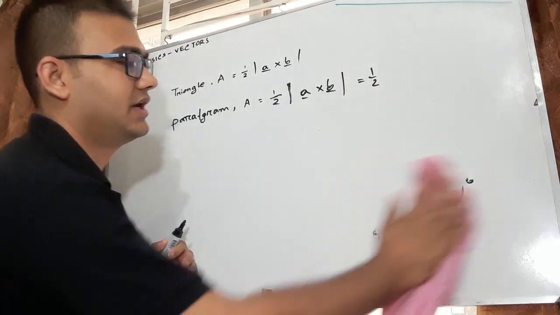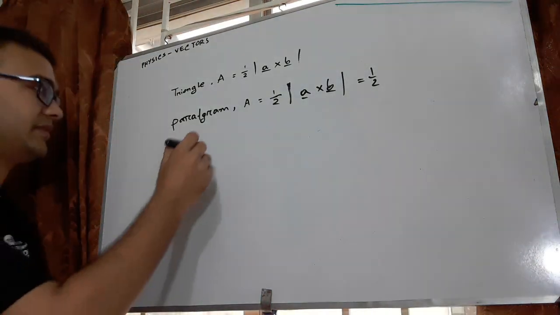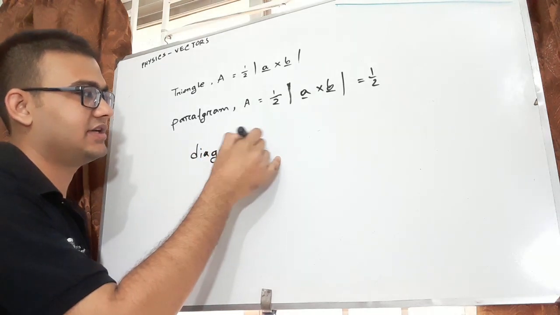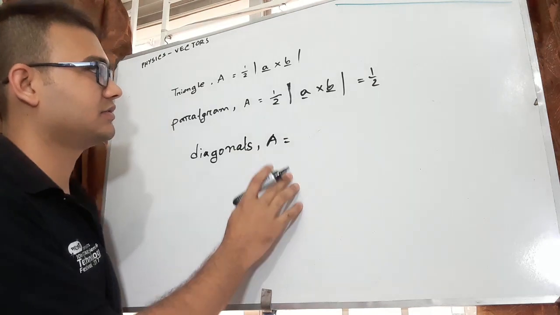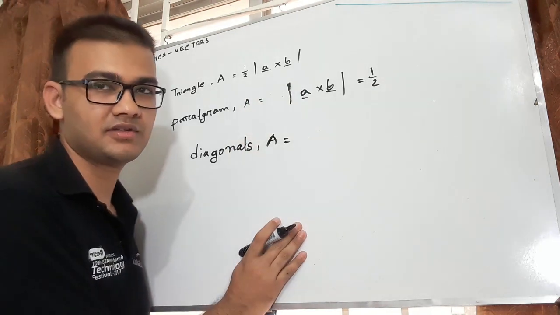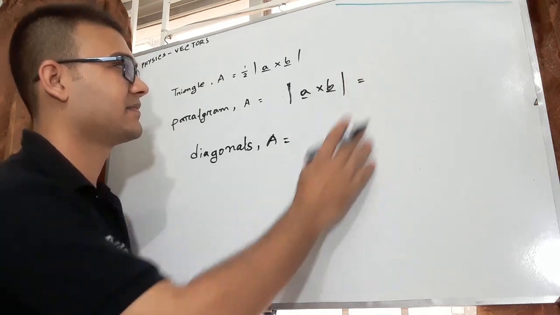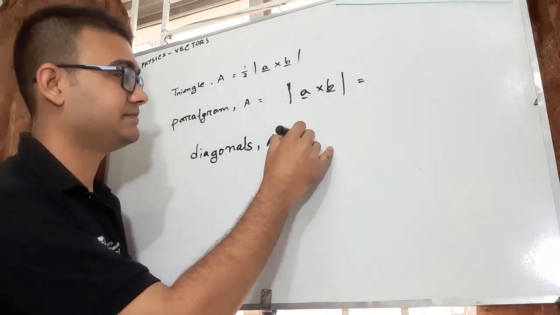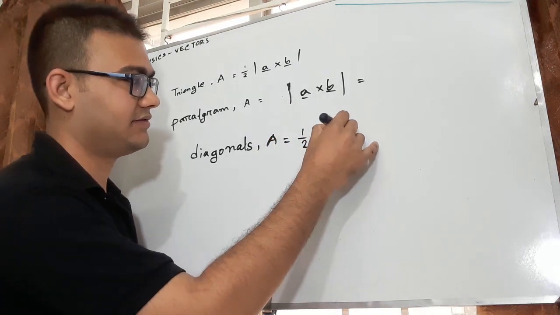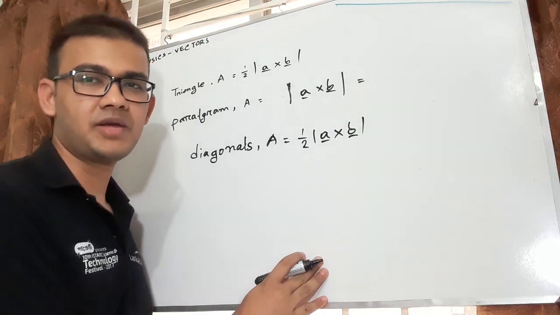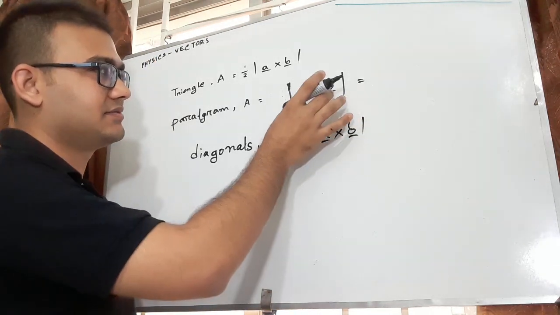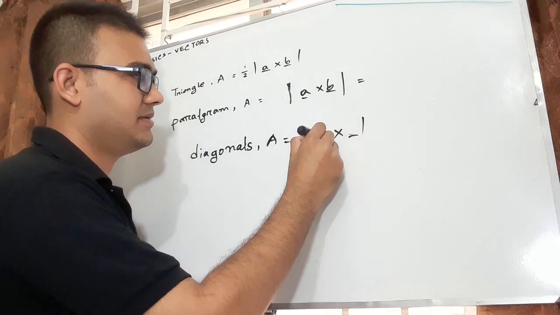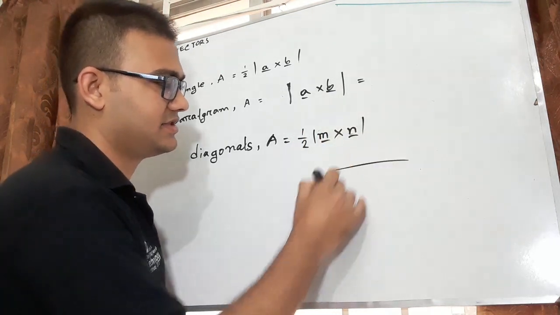And when you were given the diagonals of a parallelogram, the area was, oh wait, there was no half of A cross B. There was only A cross B. And when you will be measuring the area with the two diagonals, you will use half of A cross B. And it's not appropriate to write the sides with A and B and the diagonals also with A and B. Let's take M and N. So what are this M and N?